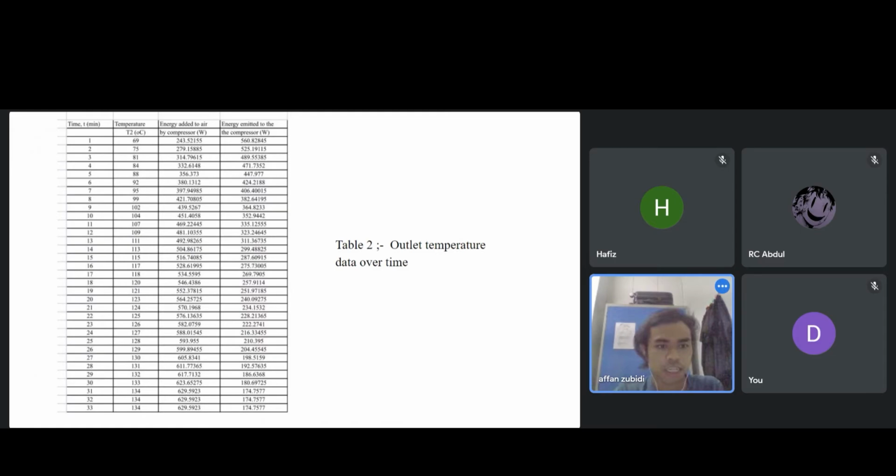As we can see, when the time is 1, the temperature is 69 degrees Celsius, and at 33 minutes we get the temperature is 134, if not mistaken. After that, we should calculate the energy added to air by compressor, or HC, and QC, which is energy emitted from the compressor.